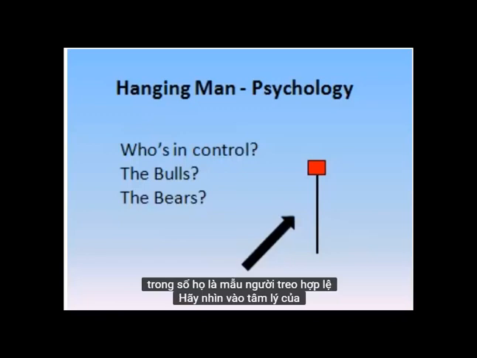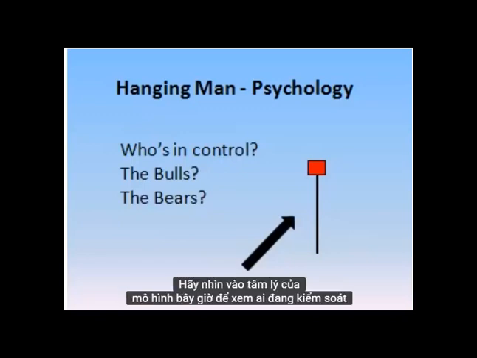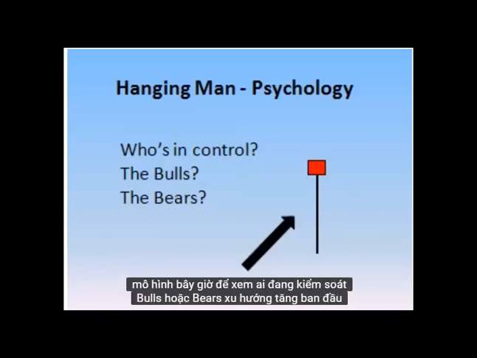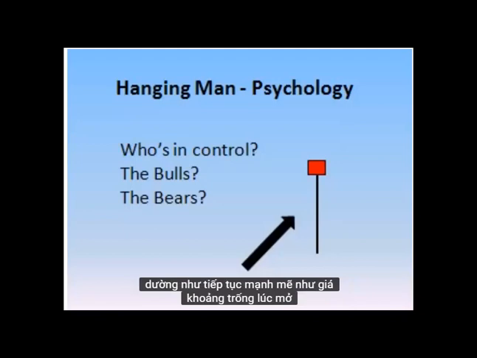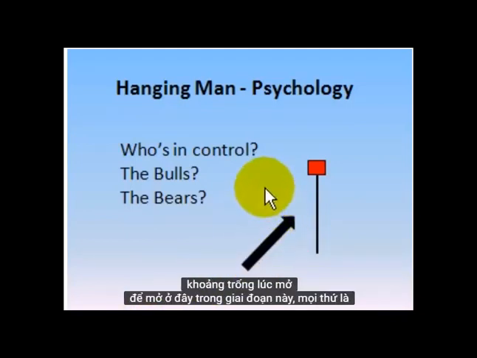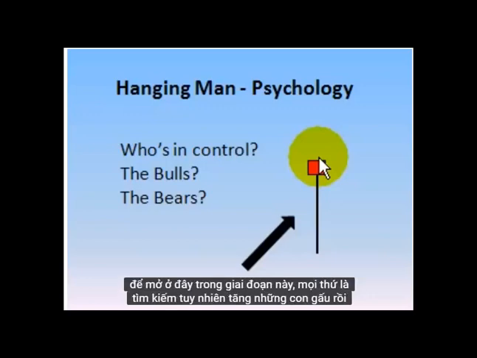Let's look at the psychology of the pattern now to see who is in control, the bulls or the bears. The uptrend initially appears to continue strongly as price gaps up at the open to open here. At this stage, everything is looking bullish.